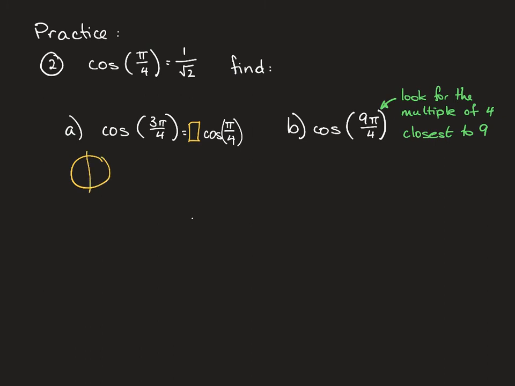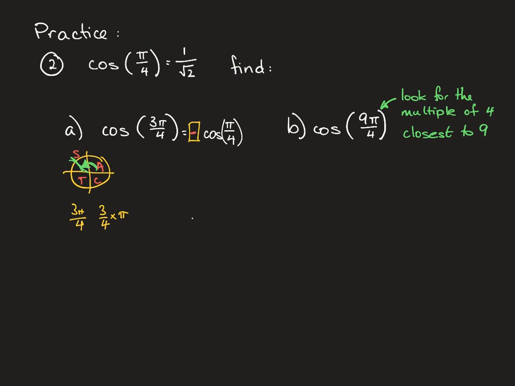So looking at our unit circle, 3 pi on 4 is the same as 3/4 times pi, which is less than a pi, which means that our angle is in here. 3/4 is more than half a pi, which takes us to the 90 degrees. So we're working in the second quadrant, and according to our ASTC, the only thing that's positive in that second quadrant is sine, so our cos value must be negative.